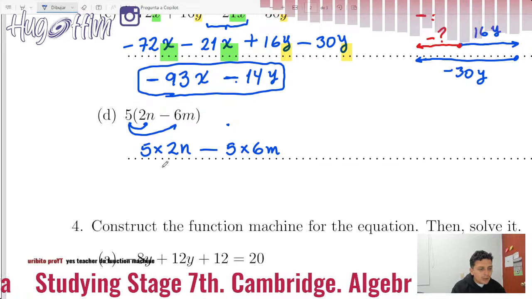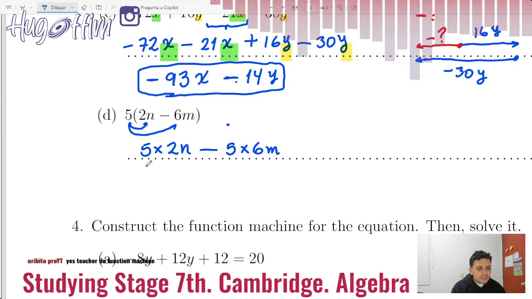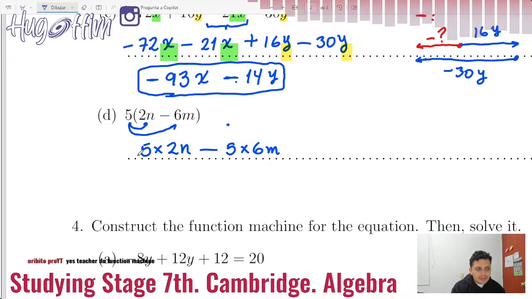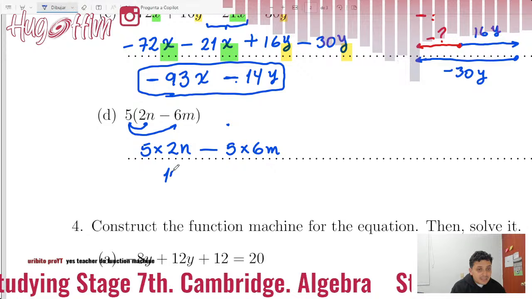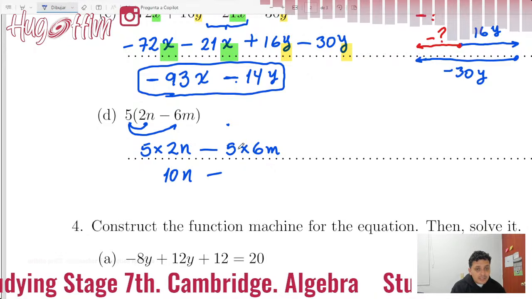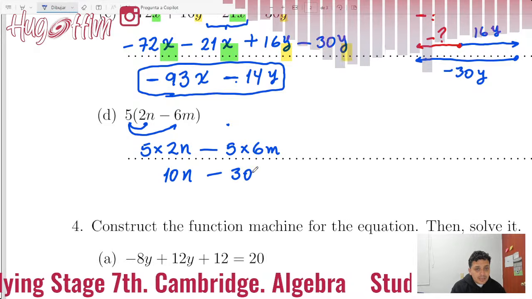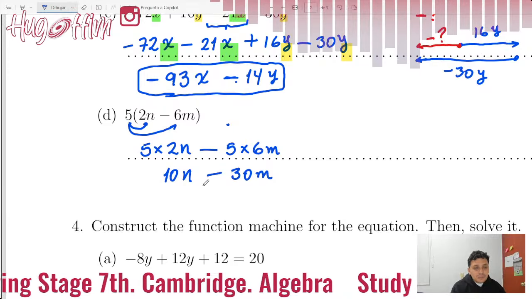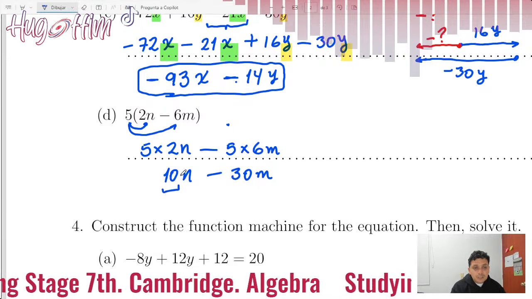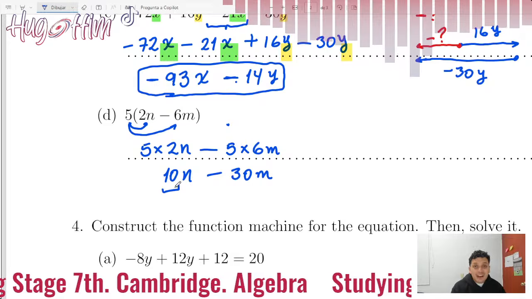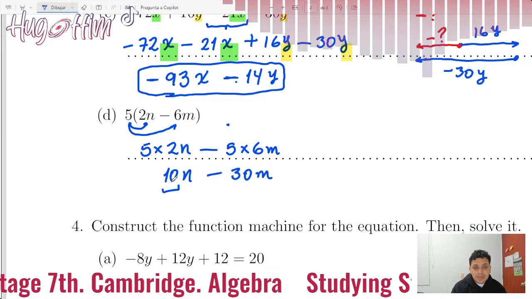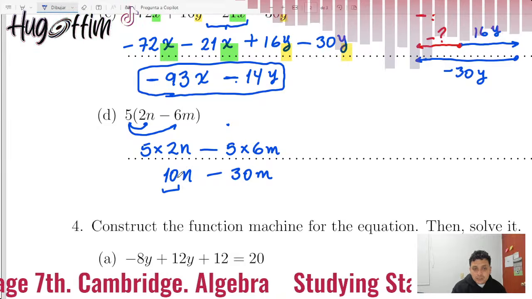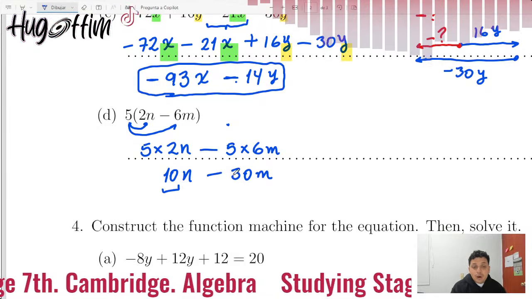So I'm just going to apply the distributive property. 5 times 2 is going to give me 10n minus 6 times 5, 30m. Remember that in algebra, we put the coefficient first. We don't put the multiplication sign and then the variable. This is important when you communicate information in algebra.